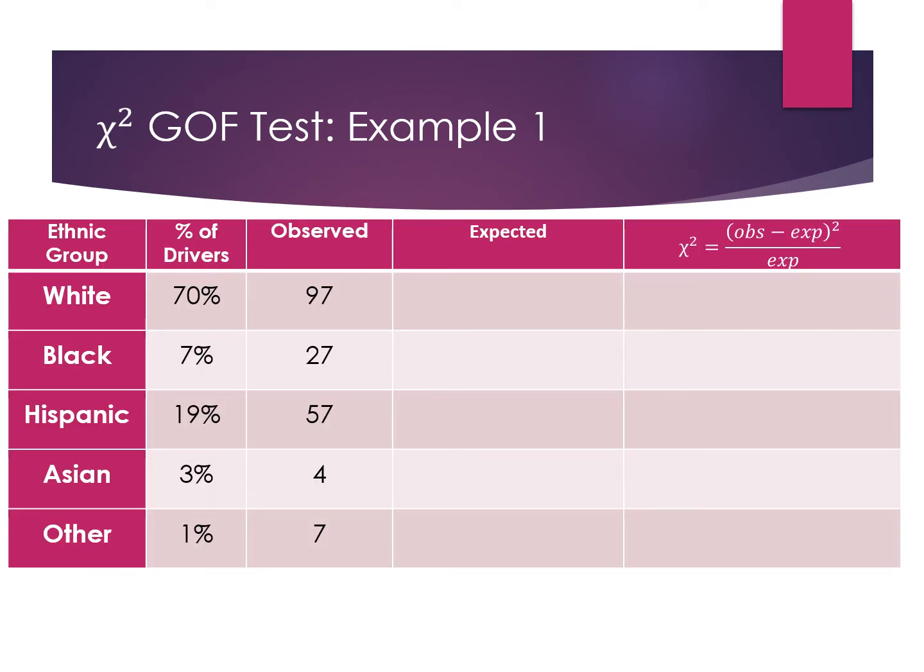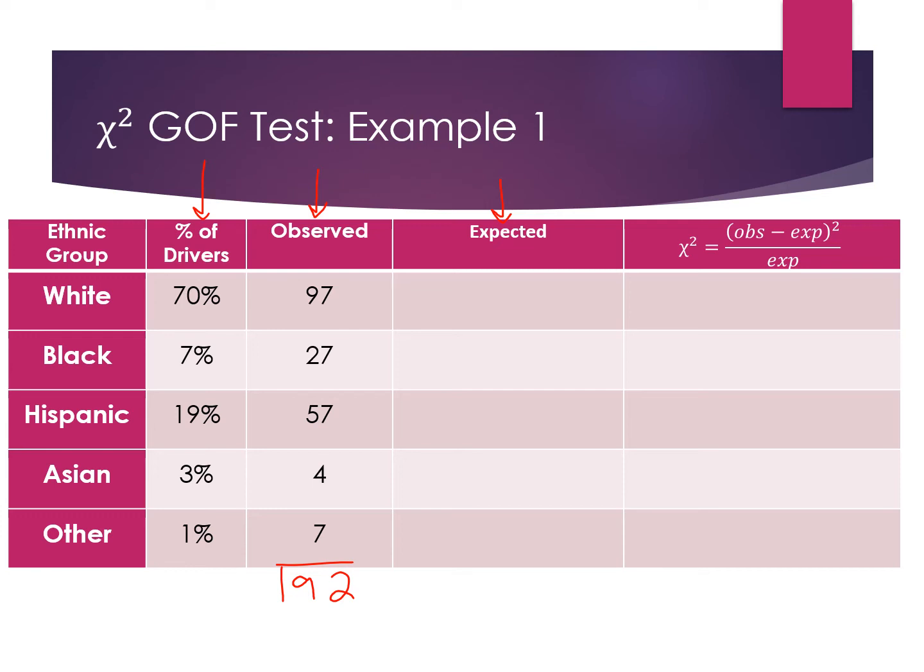So let's crunch the numbers here. We have what we observed in our actual data, and then we know what the percentages are supposed to be. What we need to calculate next is what we expected those numbers to look like. So I need to get my total. I'm going to add these together. 97 plus 27 plus 57 plus 4 plus 7 gives me a total of 192 traffic stops.